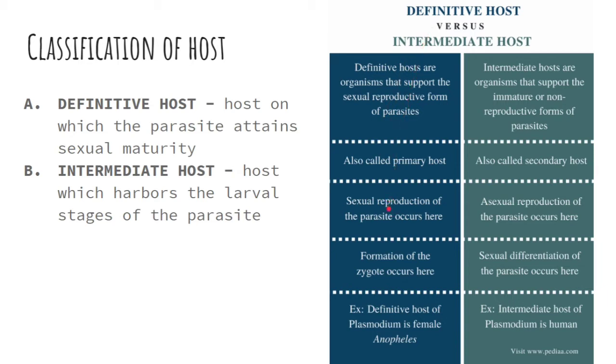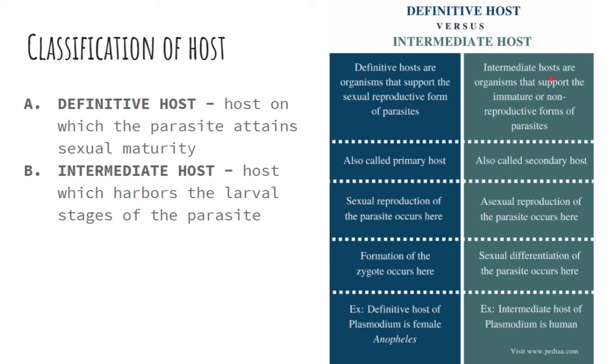And sexual reproduction of the parasite again occurs here because this is where the parasite reaches its sexual maturity. And the formation of the zygote occurs here kasi nga po nagkakaroon ng sexual na interaction. And a good example of a definitive host is the definitive host of Plasmodium, which is the female Anopheles mosquito. So yun po ang definitive host ng ating Plasmodium na parasite.